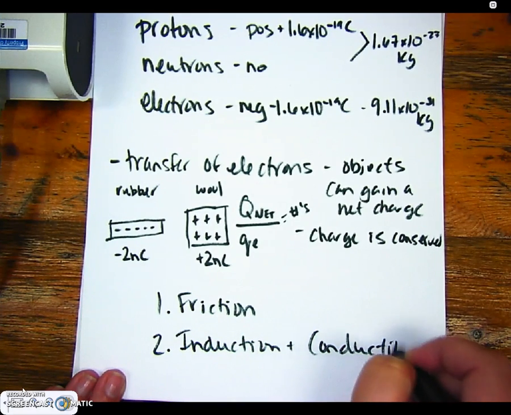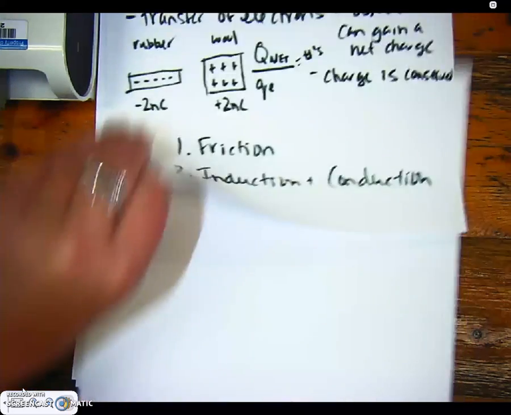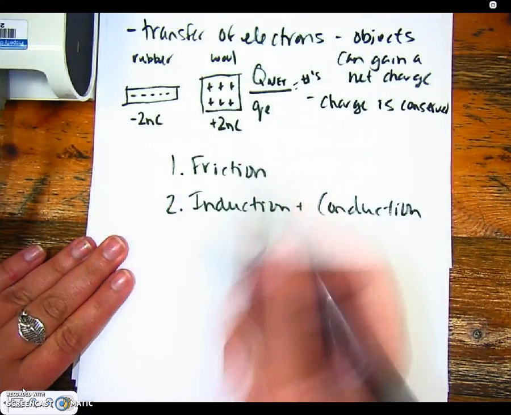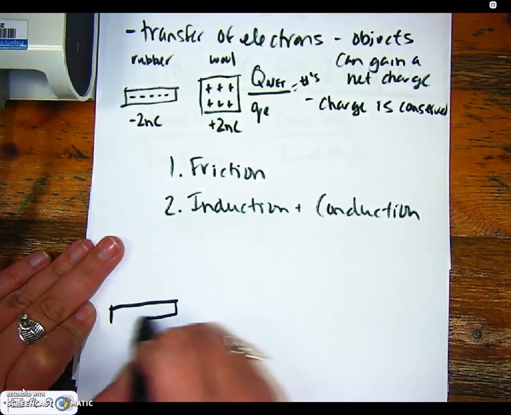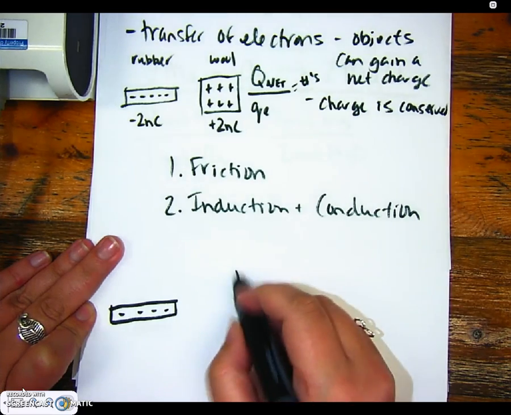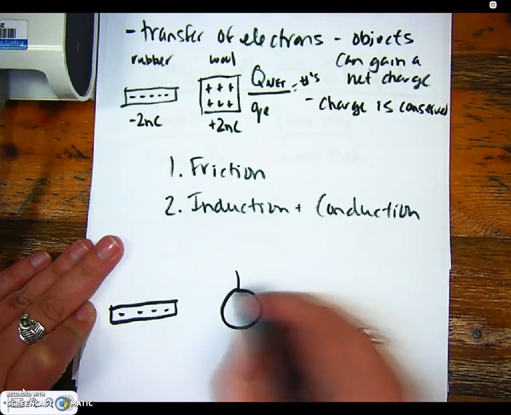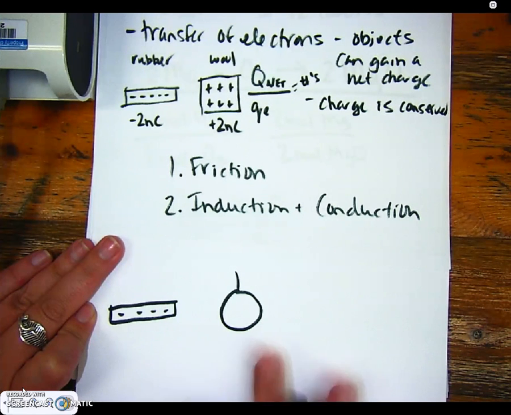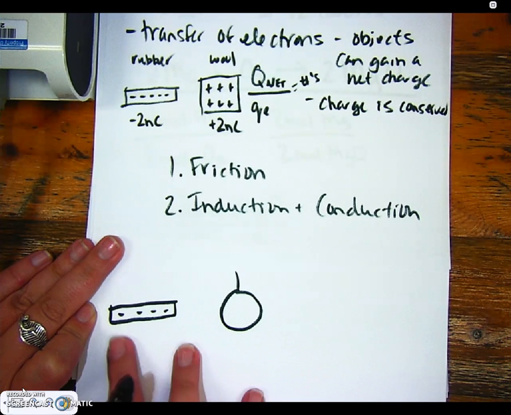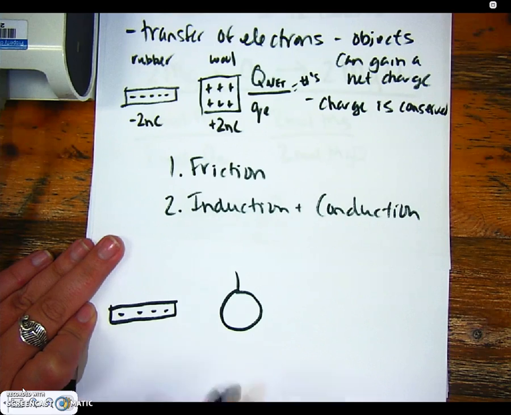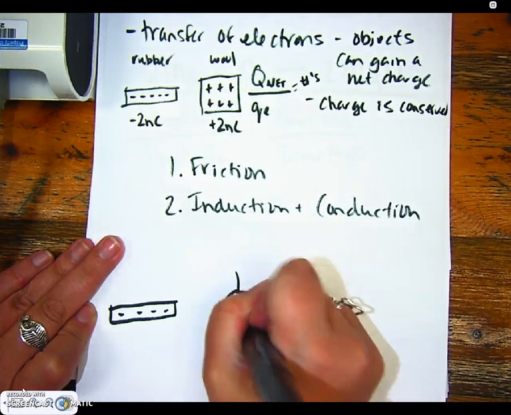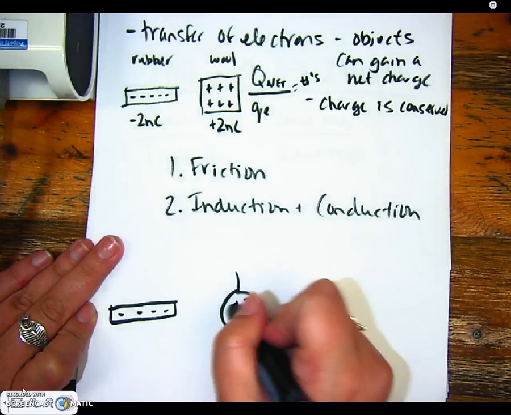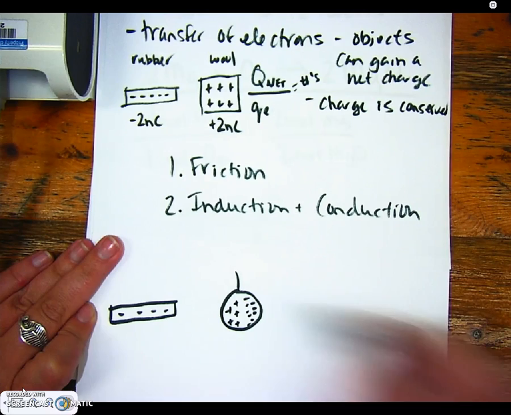So let me go to the next page here. Let's say I had this negatively charged rubber rod, and I brought it close to a conducting sphere. The conducting sphere is full of protons and electrons, and by bringing the negatively charged rod close to it, it forces the electrons to be pushed towards one side. That means this side would have a relatively positive charge.